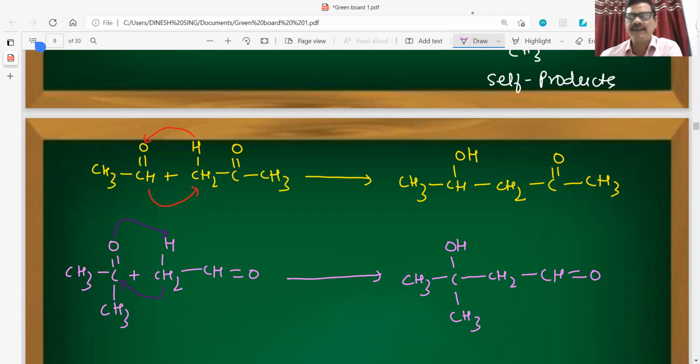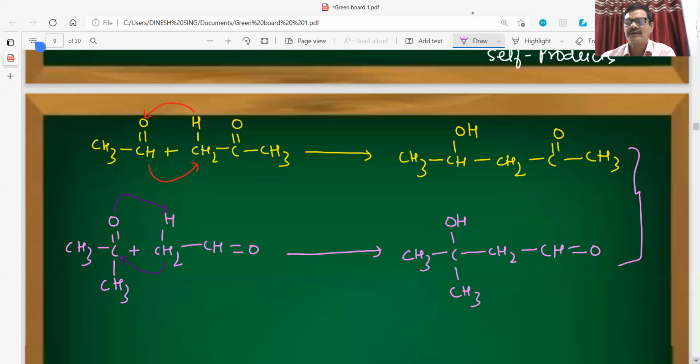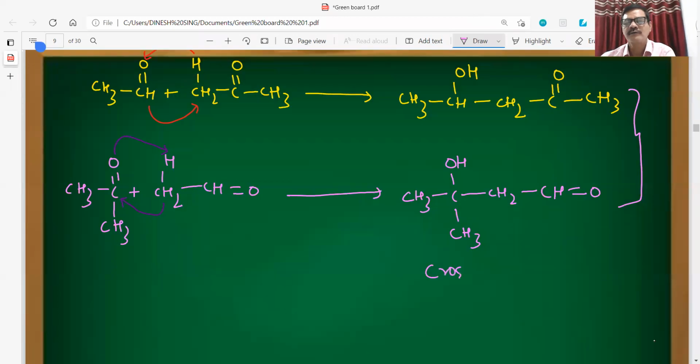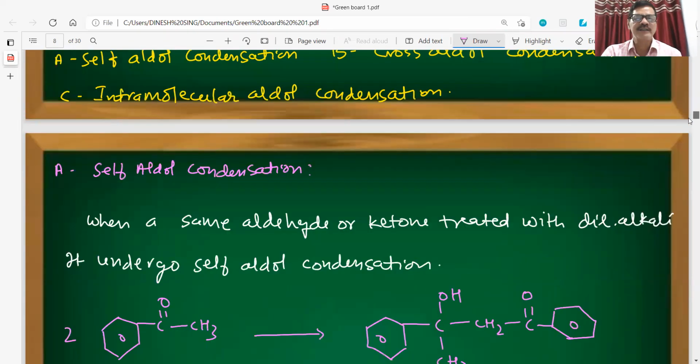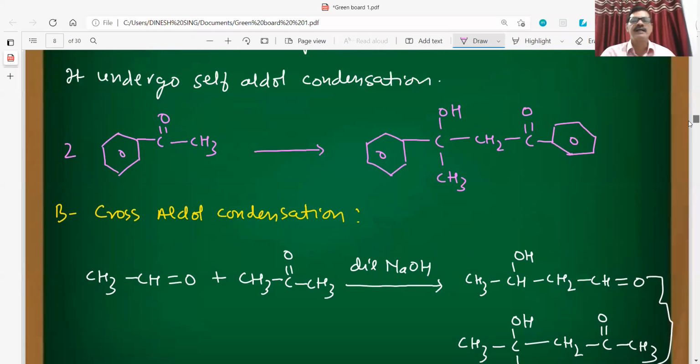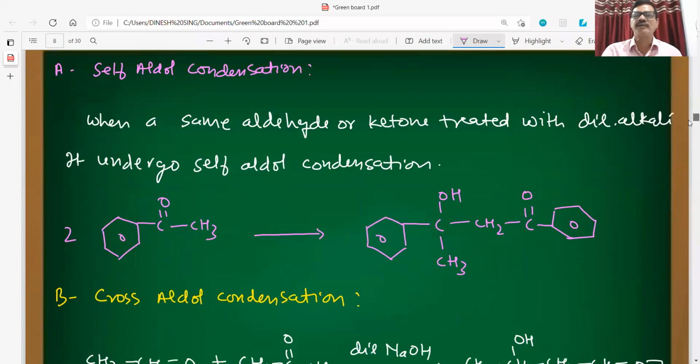Is it clear to everybody? So four different products are formed. These products are cross aldol products. So here we have to see what type of aldehydes and ketones are given. Depending upon the permutation and combination, we can decide how many various products will be obtained.